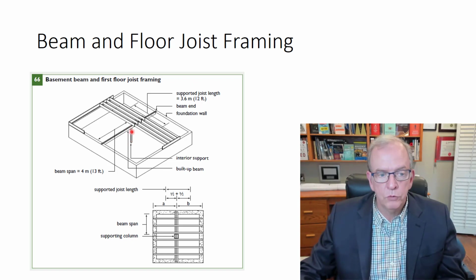Both terms are used. All right, a post or a column. We've got the beam that goes across. We've got the floor joists, because this is dimensional lumber, they're lapping past each other. Okay. And this is giving you a plan view look at this. It's talking about spans, but I'm not going to get into that right now. So you're looking at this in plan view, so you can see the joists, you can see the built-up beam, and you can see the foundation wall going around it. And of course, this is the supporting column, which would be below it.